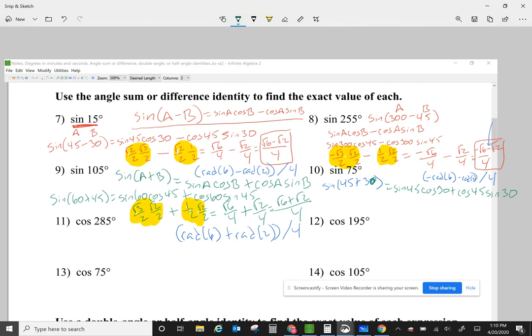Using my unit circle, sine of 45 is radical 2 over 2. Cosine of 30 is radical 3 over 2. Cosine of 45 is radical 2 over 2. And then sine of 30 is 1/2.